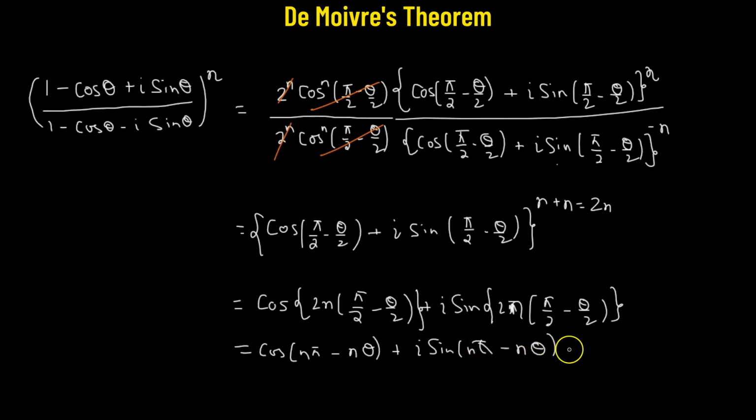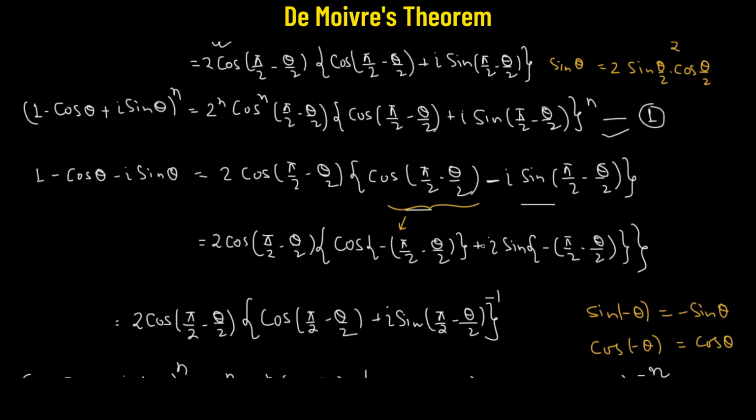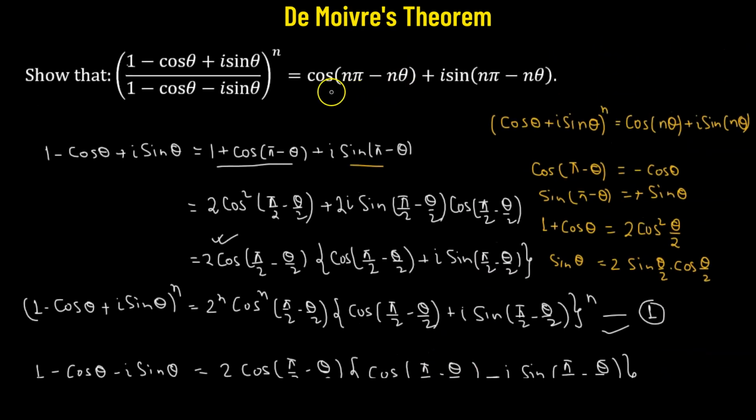So this is what we needed to show. We have successfully shown that our given expression equals cosine of (n pi minus n theta) plus iota times sine of (n pi minus n theta).